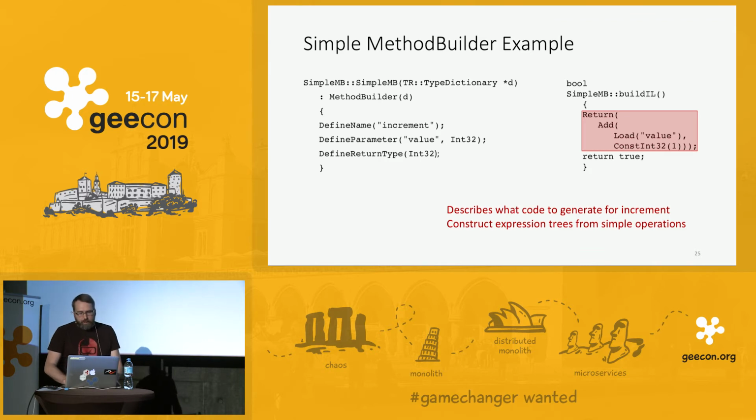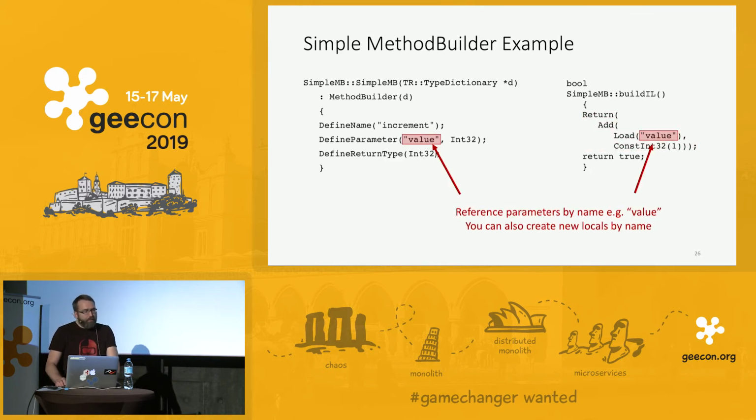You define the parameter with the name of value. On the right-hand side, we're loading that value, then adding the constant 1 to it and returning it. So this is a very simple method, but it explains the basics of how it works.